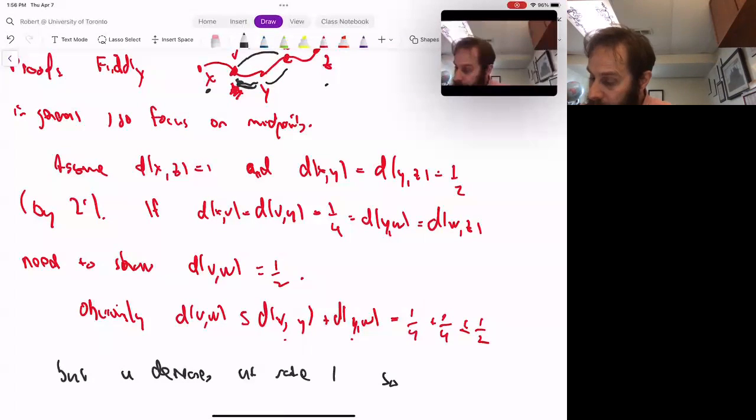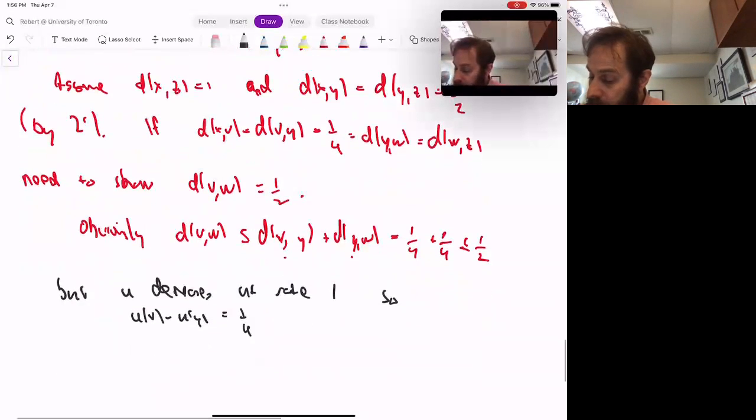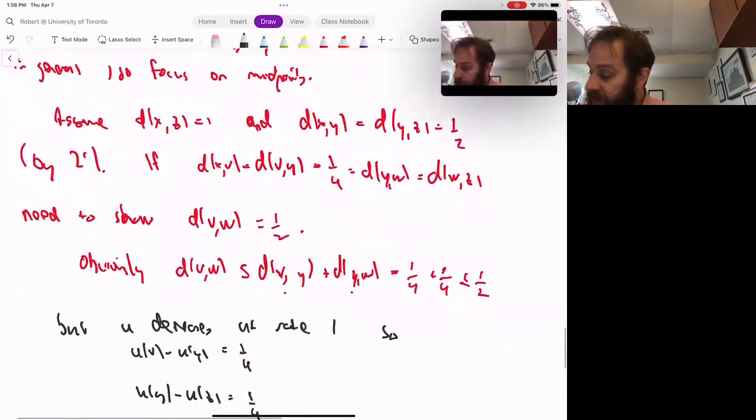So UV minus UY is 1/4, and UY minus UZ is 1/4 along the existing geodesics.